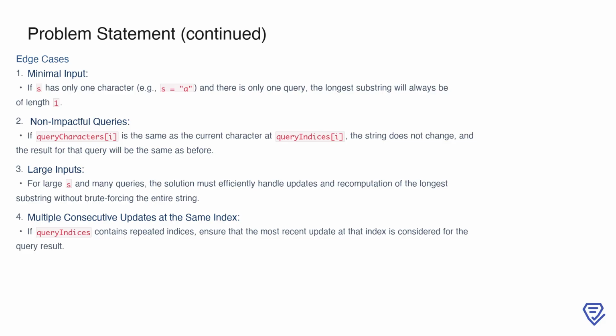Third, for large inputs, with strings of length up to 100,000 and up to 100,000 queries, the solution must be efficient and avoid recalculating the longest substring from scratch after each query. Lastly, when multiple queries affect the same index in succession, the solution must ensure that only the most recent update is considered when determining the result. By keeping these scenarios in mind, we can ensure a robust and efficient solution to this problem.